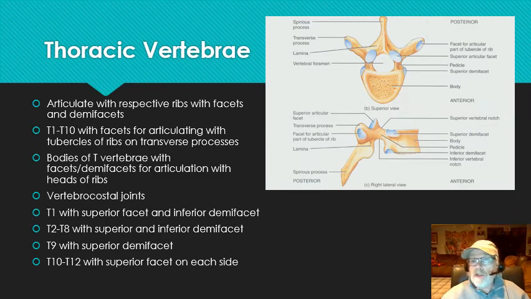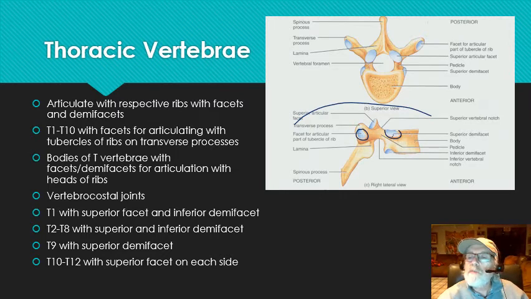Again, we talked about how they articulate with the individual ribs, and this is a good view. This is one of the thoracic vertebrae. Let me look at this one right here first. You see there's an articular facet right here, and another articular facet right there. This one is the main one. It's called the superior demifacet.